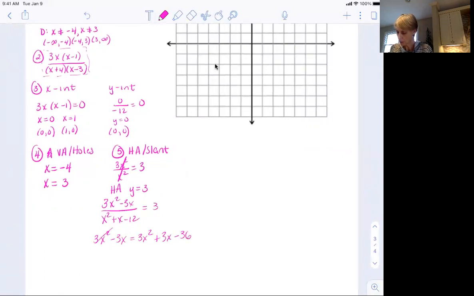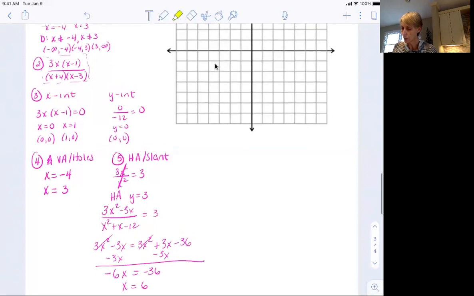My 3x squareds are going to cancel. -6x is equal to -36. So it's going to cross over this horizontal asymptote at x equals 6. And we're just going to put that on hold for a minute.